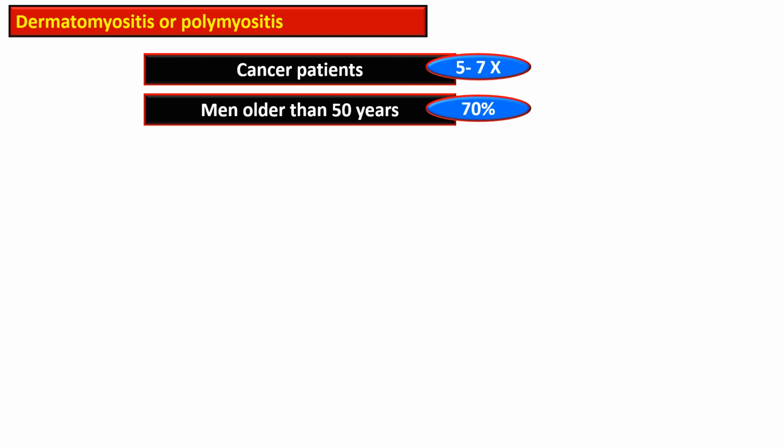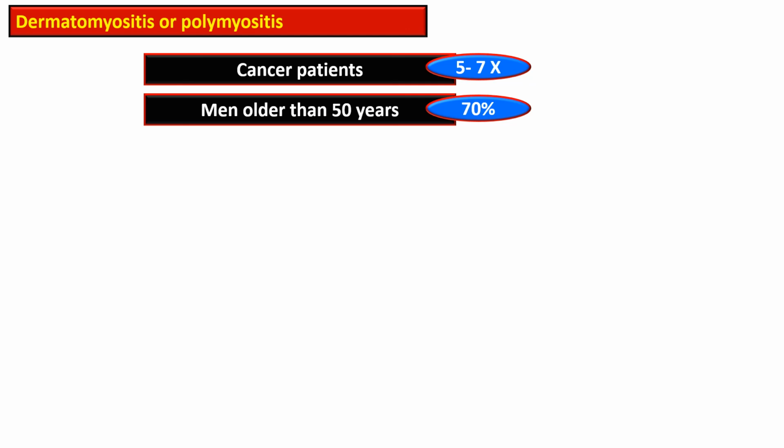Dermatomyositis or polymyositis are also associated with cancer, and cancer patients have about a 5 to 7-fold increased risk to develop these conditions, and the association is stronger in people above the age of 50.